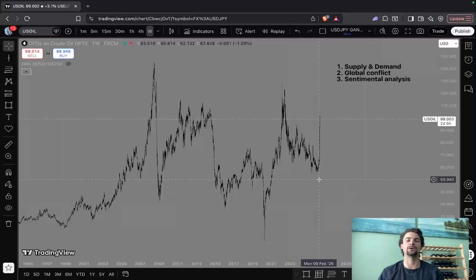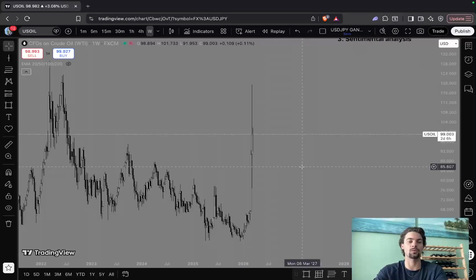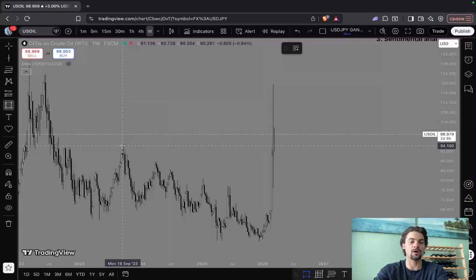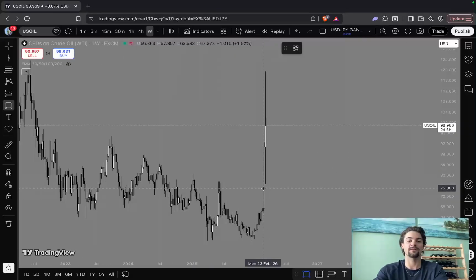Now, let's talk about supply and demand real quick. On the weekly chart, we're going to zoom in to this time frame. As you can see, we have all this previous data on the left. When the first signal of the Iran conflict started, we saw prices rise from 67 to 91. Then we came all the way up to 118 and then dropped to 78.